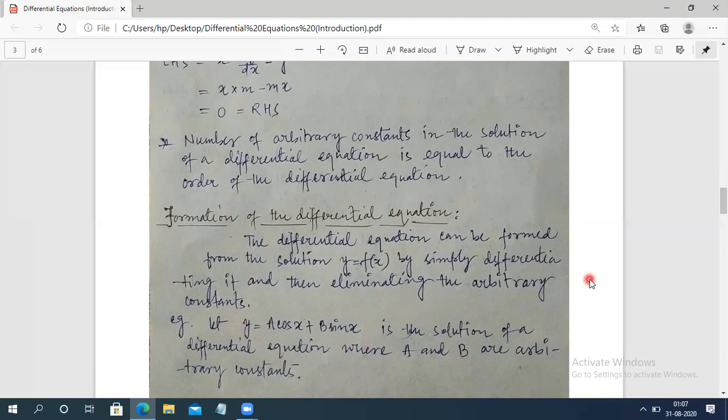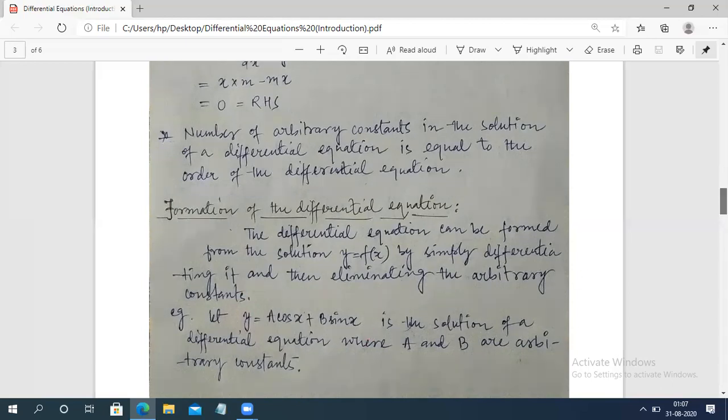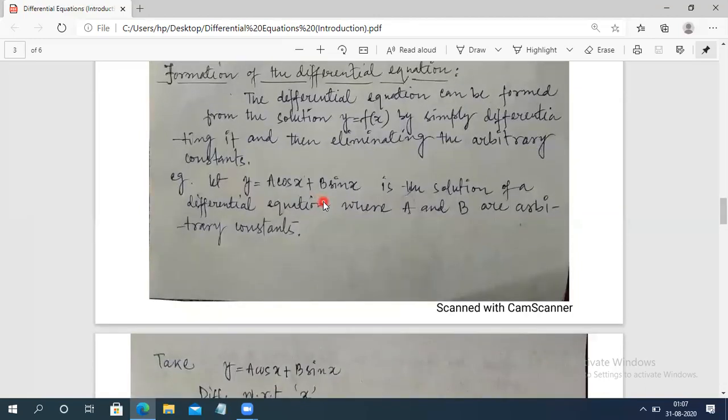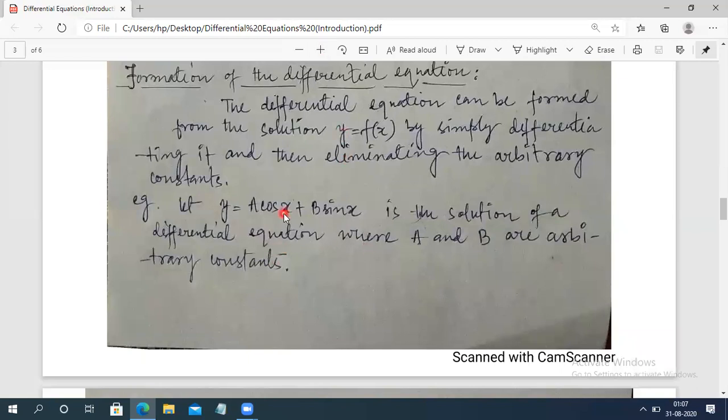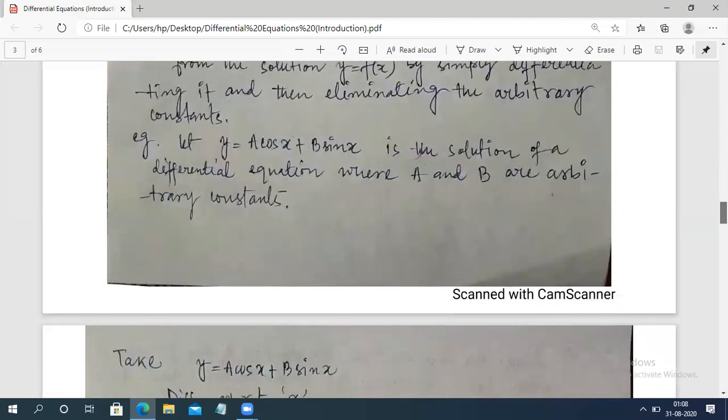For example, if y equal to a cos x plus b sin x is the solution of a differential equation, where a and b are arbitrary constants, the question is to find the differential equation whose solution is y equal to a cos x plus b sin x.